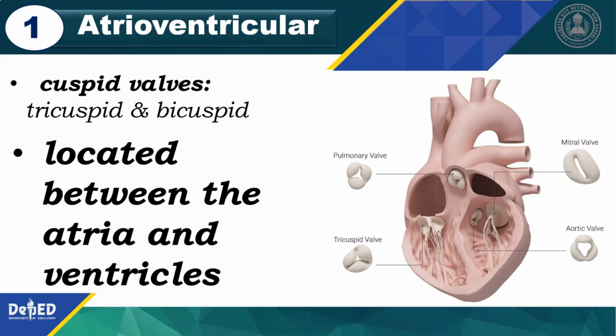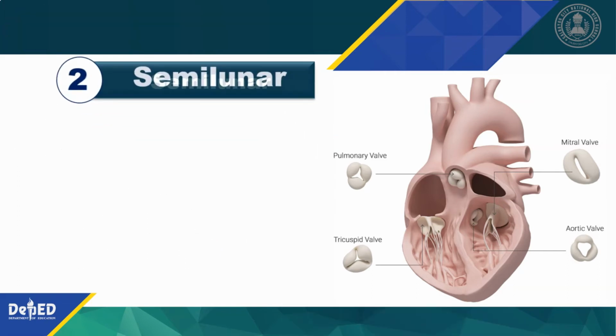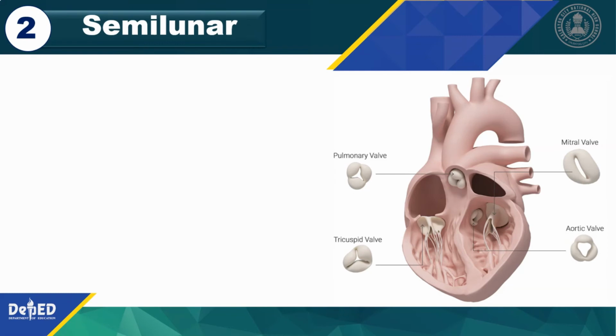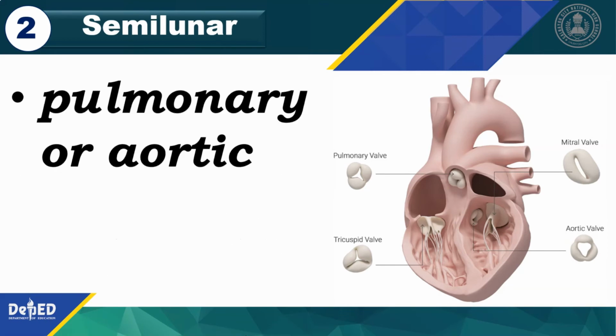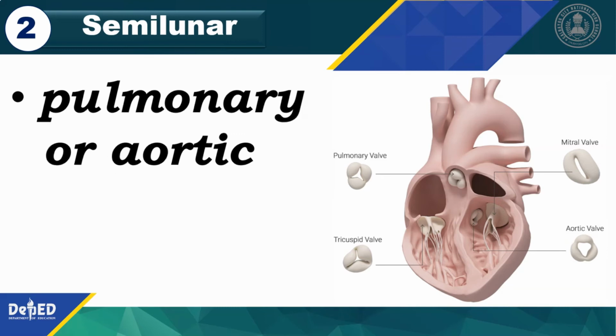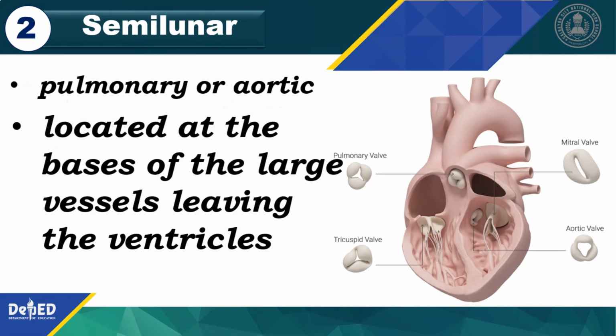The second set of valves are semilunar valves. The valve between the right ventricle and pulmonary artery is the pulmonary semilunar valve. The valve between the left ventricle and the aorta is the aortic semilunar valve.